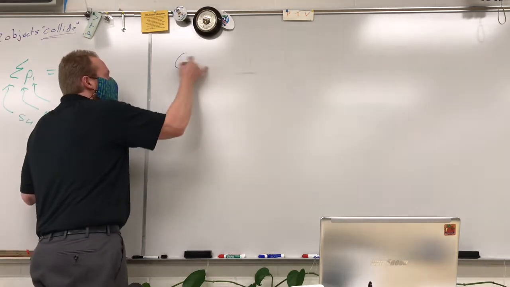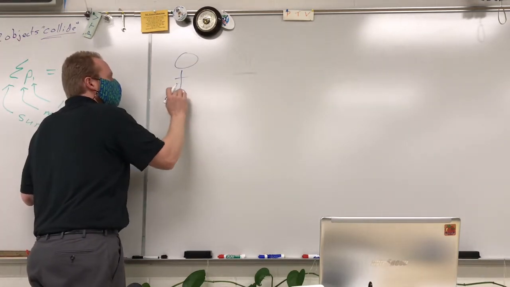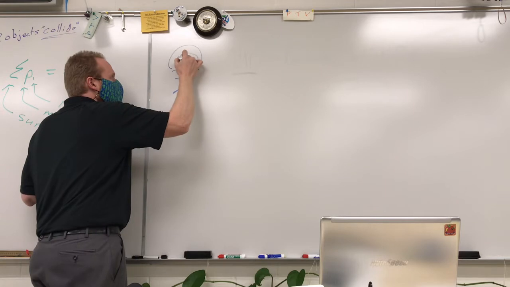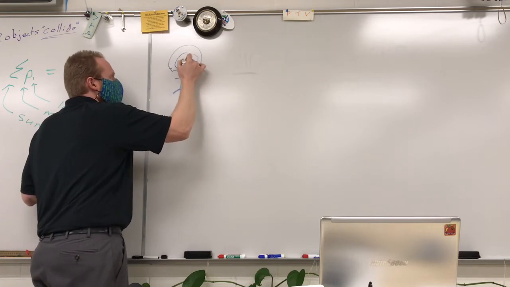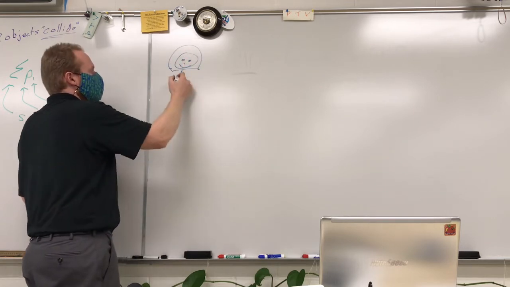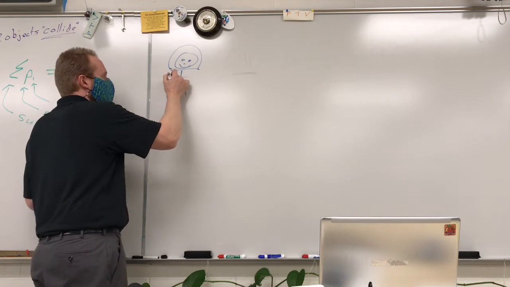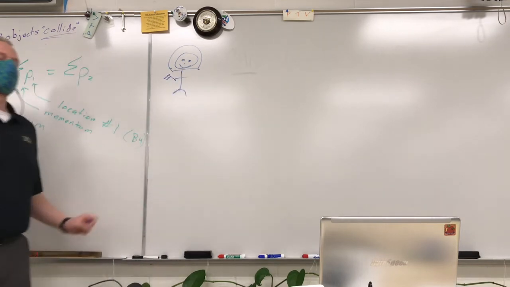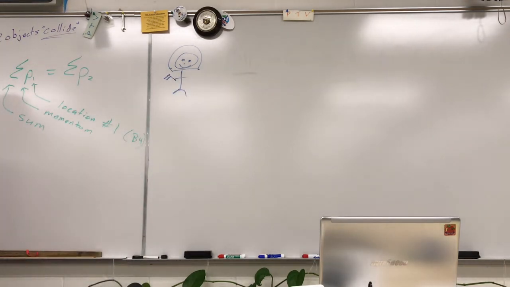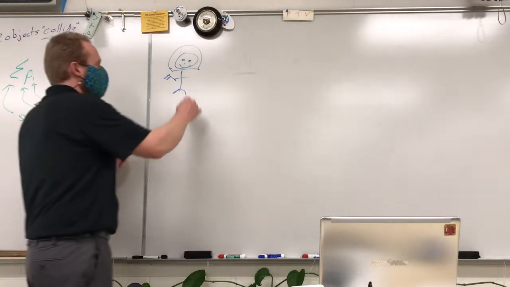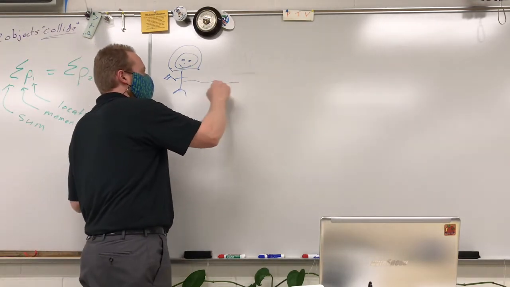Oh, sure, why not? So here is the astronaut with her helmet on, and she has a space wrench in her hand. Okay, and now what happened is there was this rope, but the rope got cut.